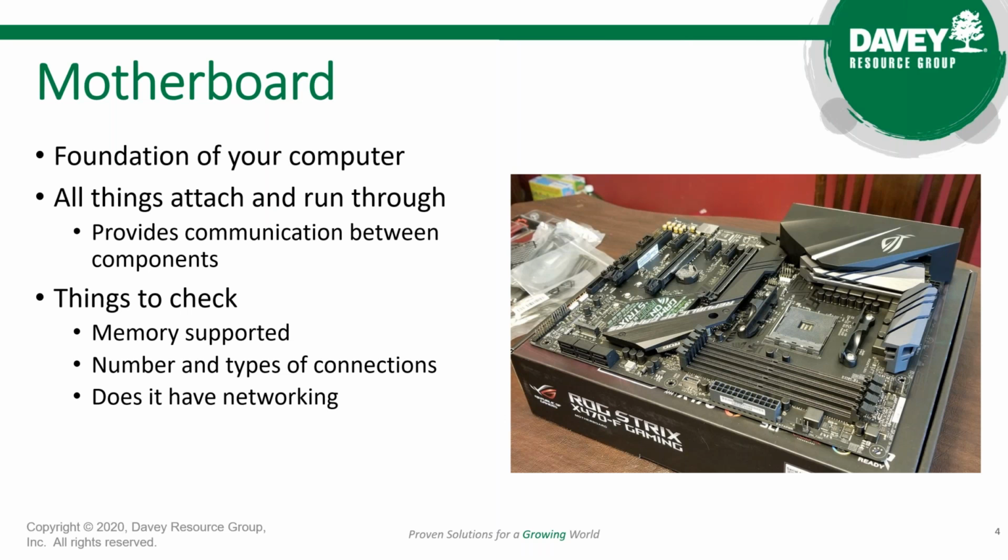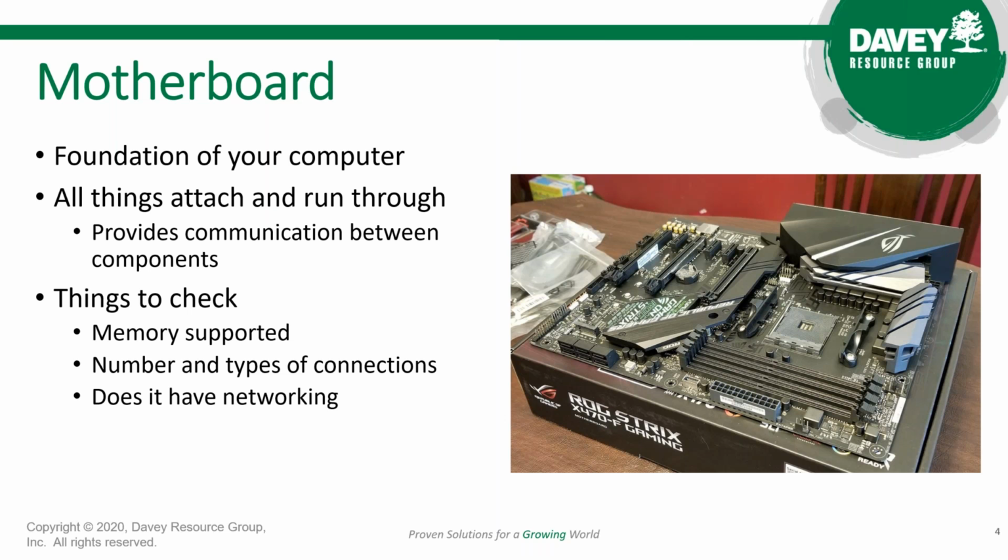So one of the first things you want to look at is memory. How much memory does the board support is the first concern. Obviously, with modern applications, the more RAM, random access memory, you have, the better. So you don't want to get a system that is limited to a small amount of RAM.